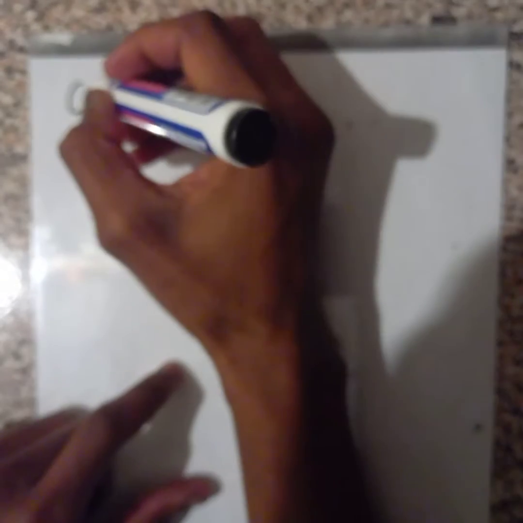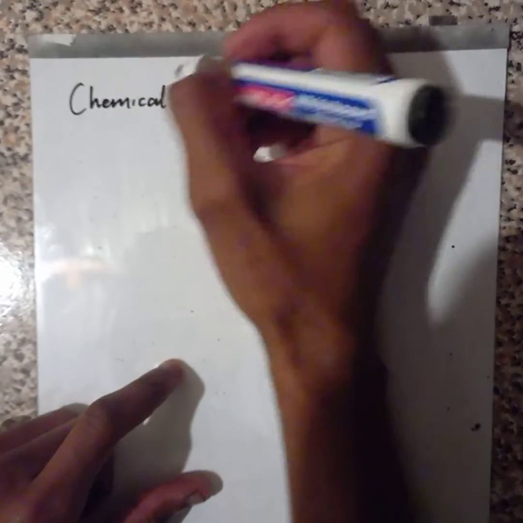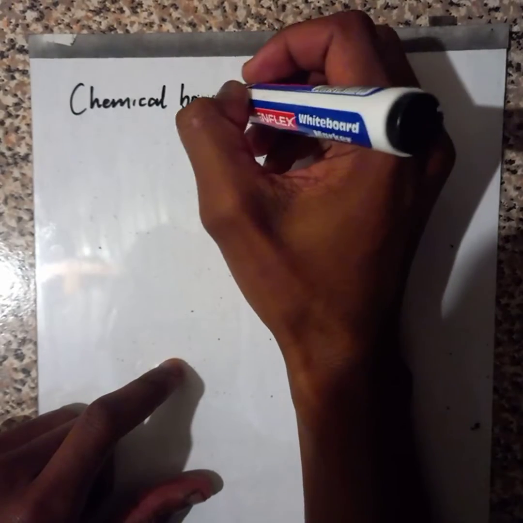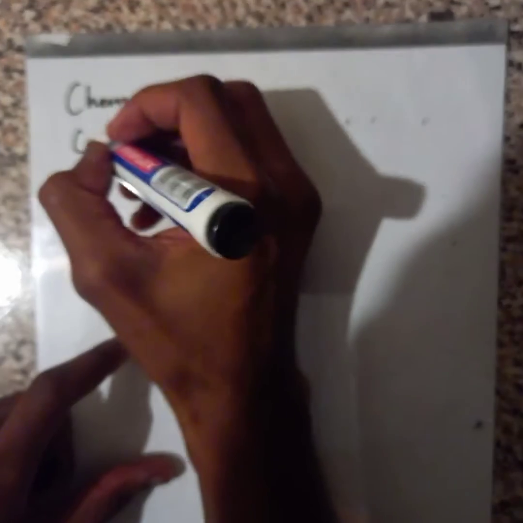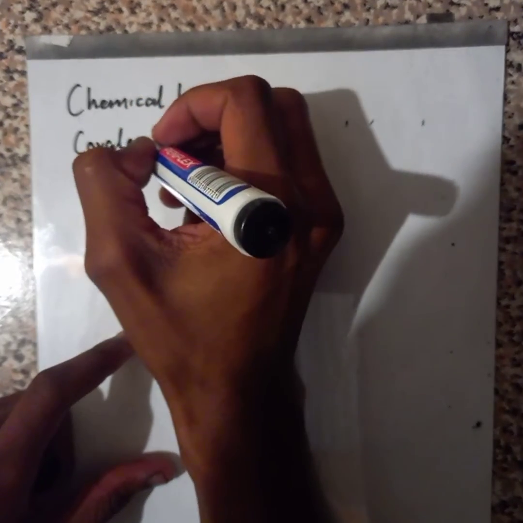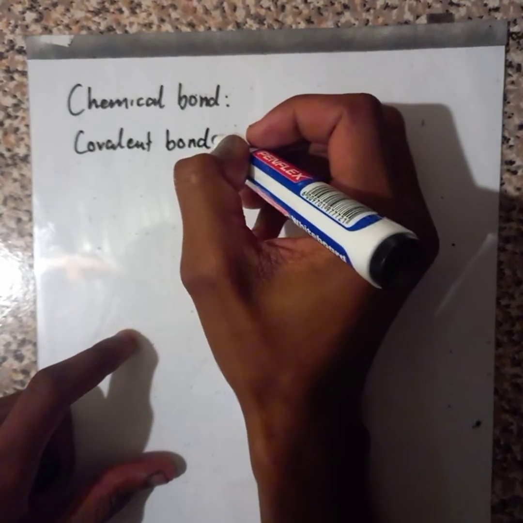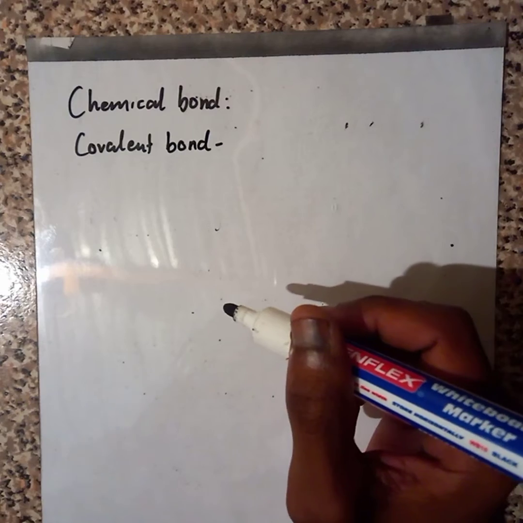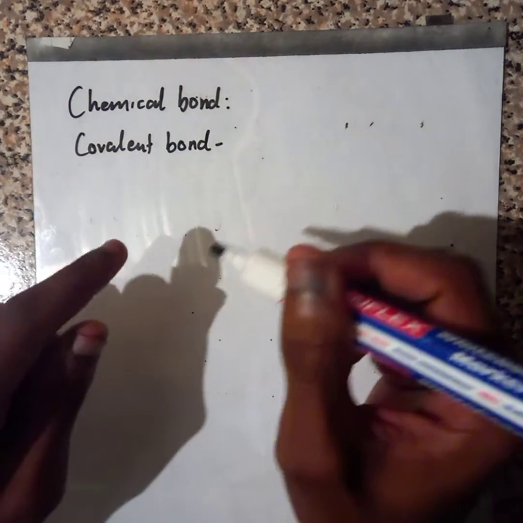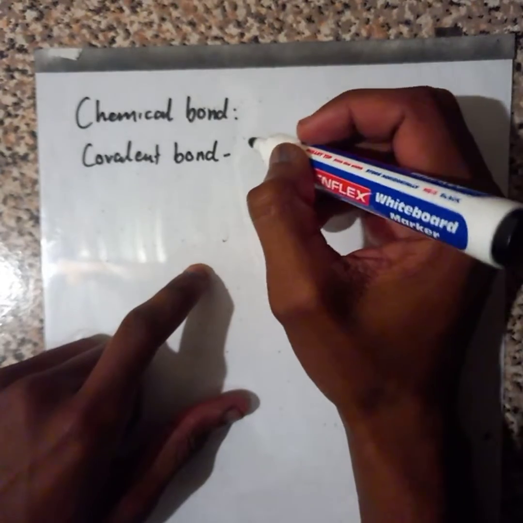Today we are still going to continue with the concept of chemical bonding, but now the covalent bonding. Don't forget that last time we said the covalent bond takes place between two or more non-metals.